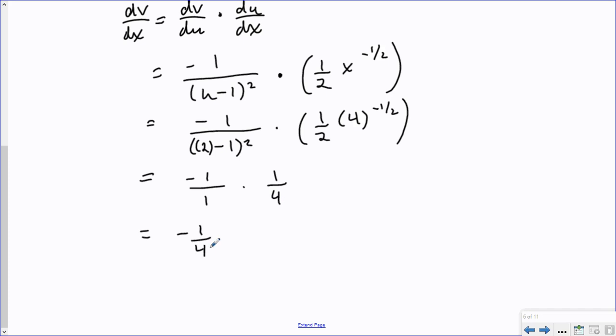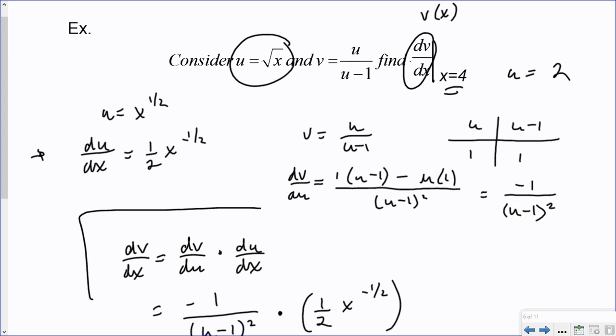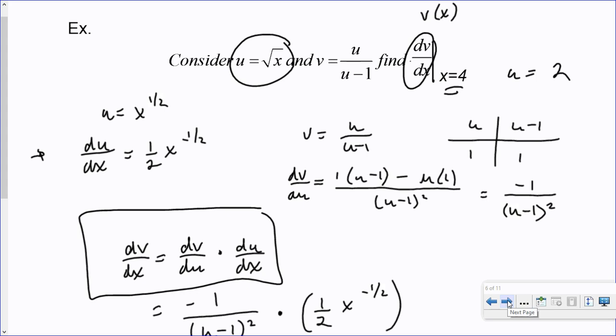Good, and that's dv dx at x equal 4. Good, so that's not so hard, right? Using Leibniz notation, understanding this connection here, and giving due credit to this inside, or this connecting, chain function across this u function here.